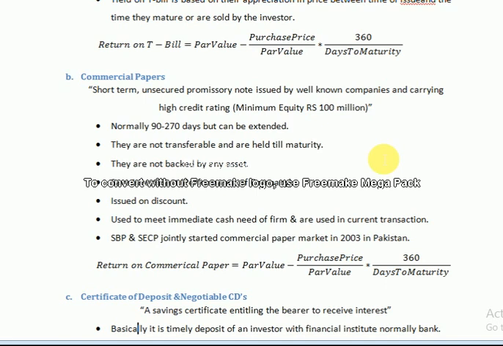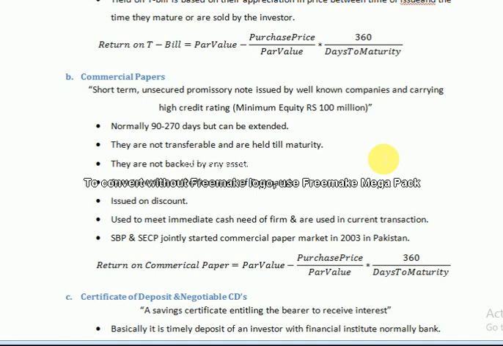So they are all commonly referred to as treasuries. It means that these are those sources through which governments generate funds for budget deficits.